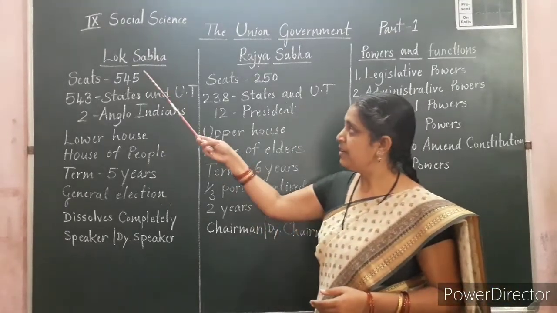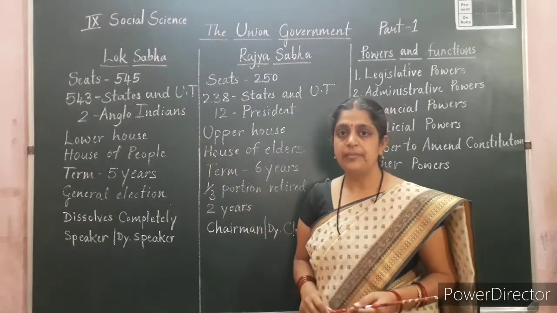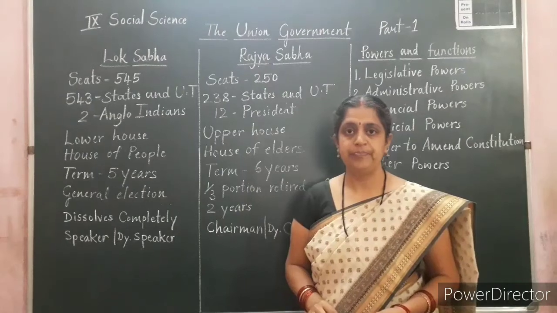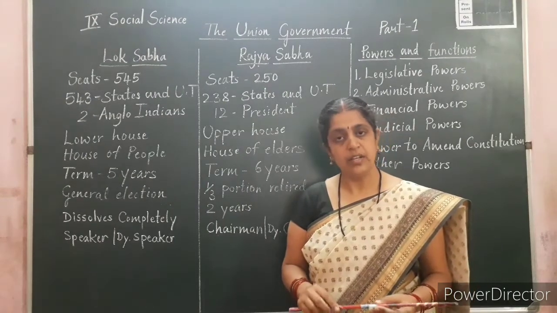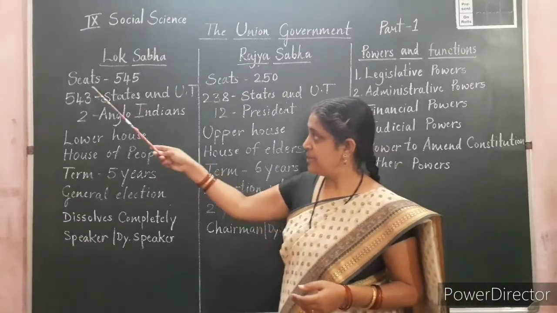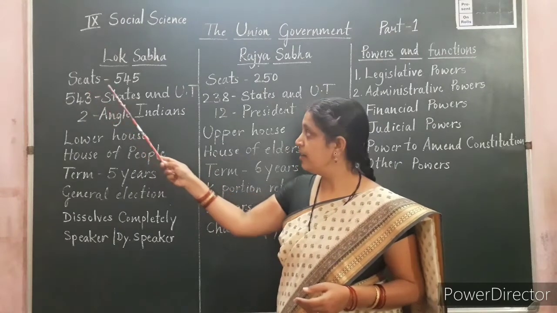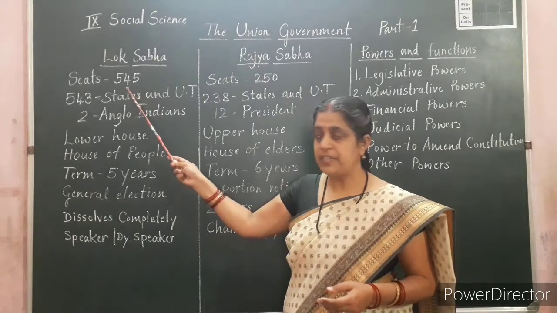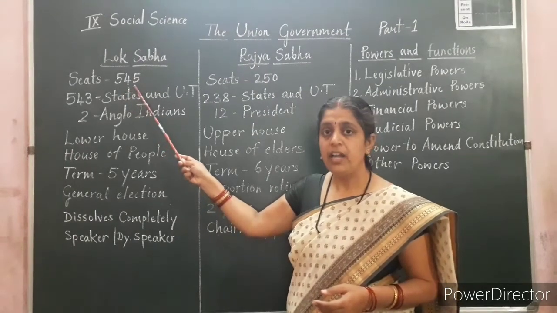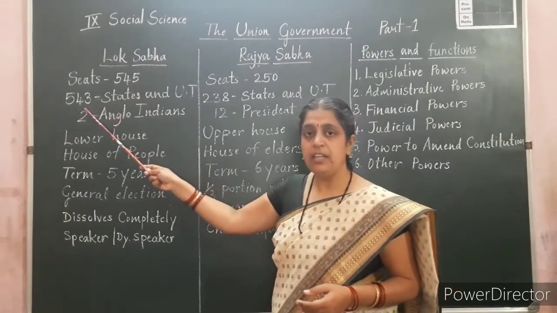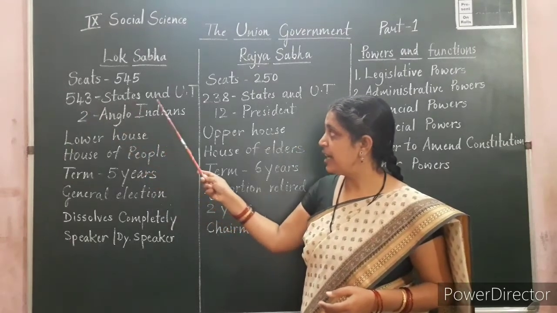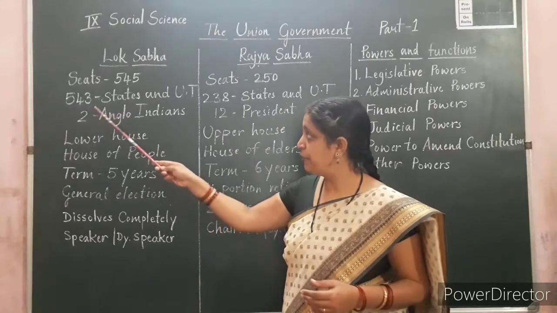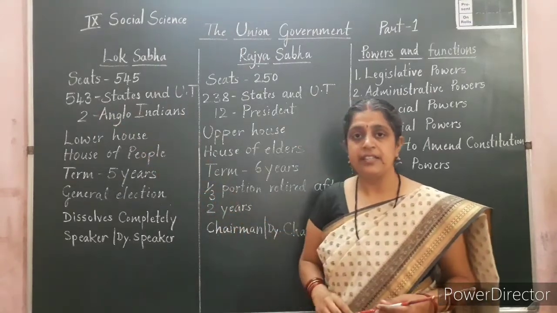First we are discussing the Lok Sabha. Lok Sabha is also called the lower house. The maximum number of seats in Lok Sabha is 545, out of which 543 are elected from states and union territories.